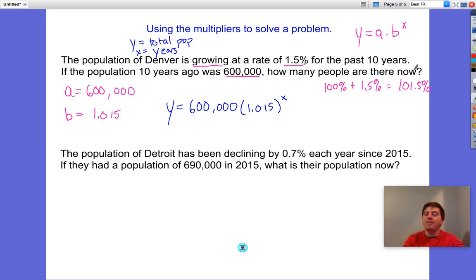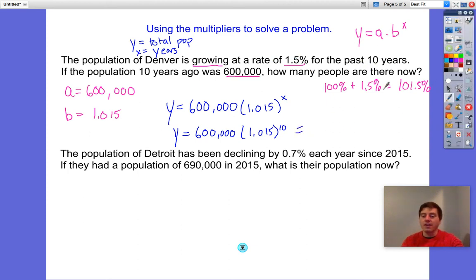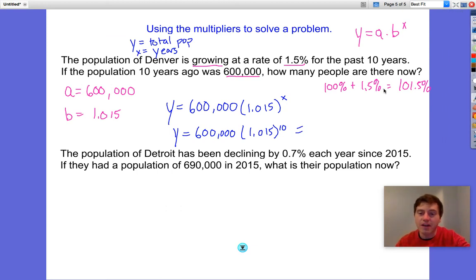Now it says how many people. We've got to plug that into a calculator.